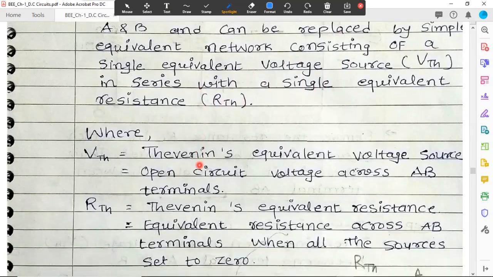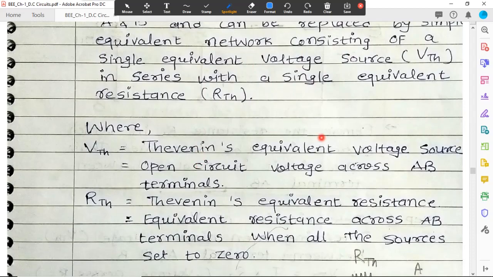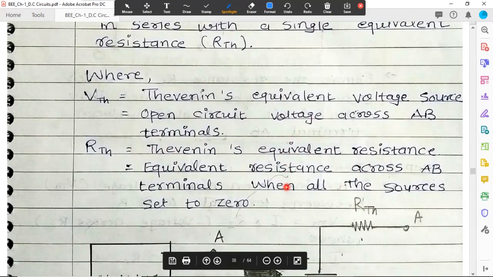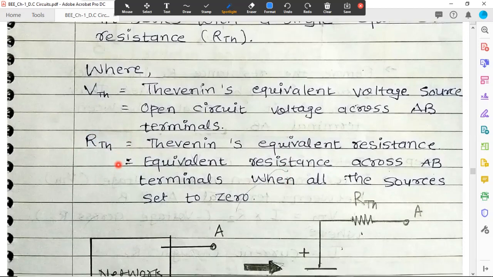VTH stands for Thevenin's equivalent voltage source, or we can say the open circuit voltage across AB terminals. Same way, RTH stands for Thevenin's equivalent resistance across AB terminals when all sources are reduced to 0. So RTH is similar to the R equivalent in Norton's network.